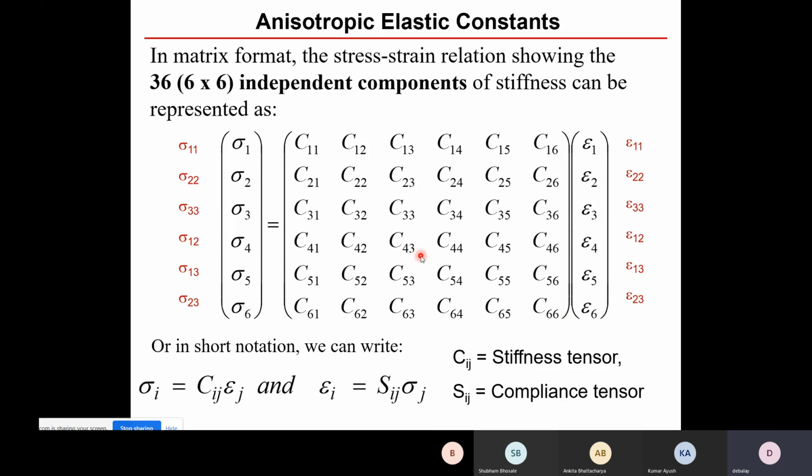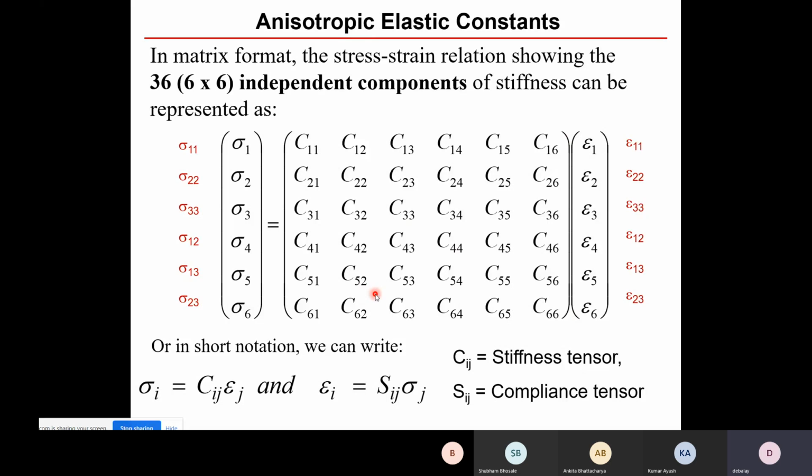So total 6, remaining 30. If you know 30 by 2, 15 values, you can write down the entire stiffness tensor. So basically 15 plus 6 equal to 21 stiffness constants is the maximum requirement.